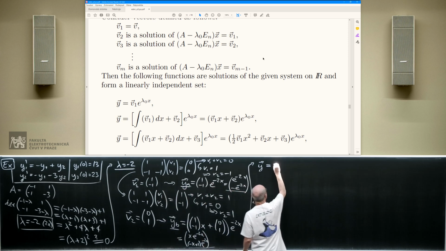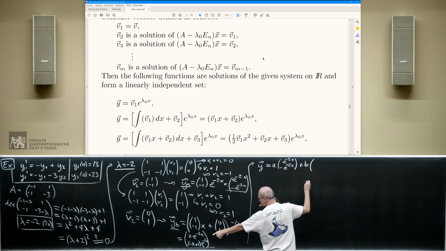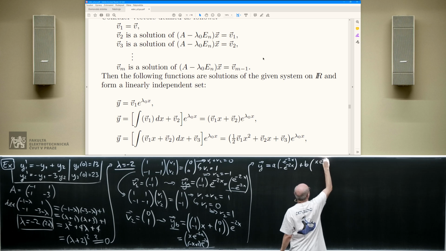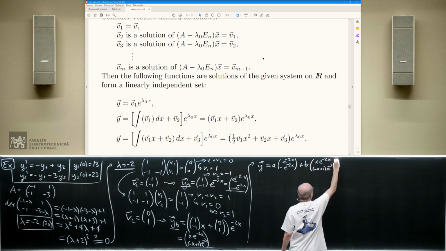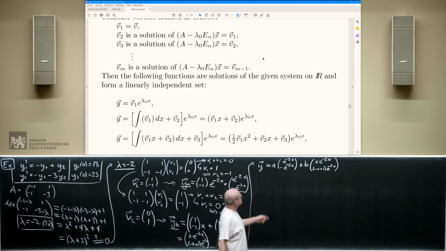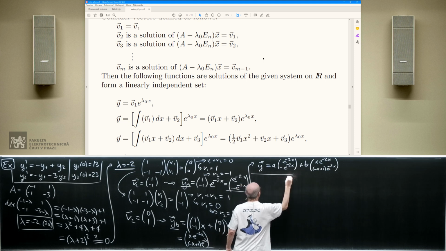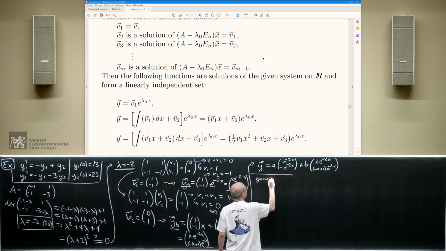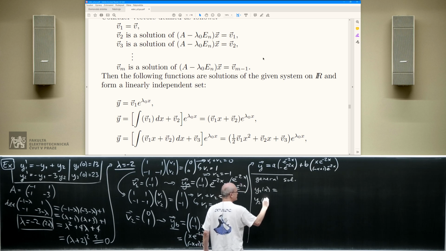A times the first vector, e to negative 2x, negative e to negative 2x, plus b times the second guy, x e to negative 2x, minus x plus 1, e to negative 2x. Why is it preliminary? Because I'm nice to people, to my customers. Now I am telling them that the general solution is y1(x) is equal to, and y2(x) is equal to.